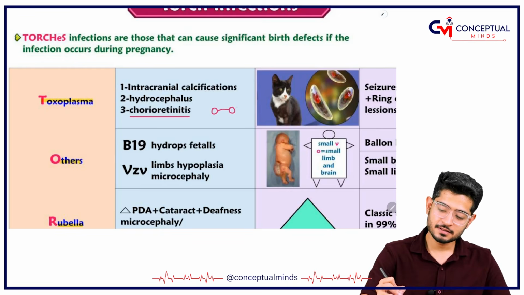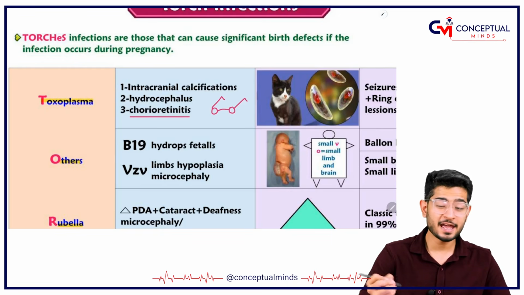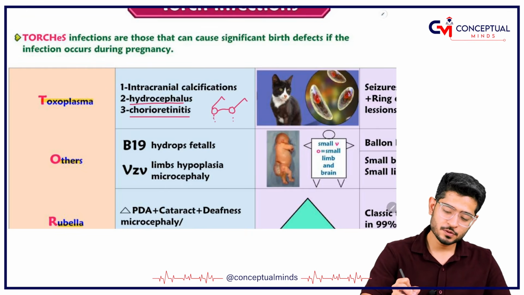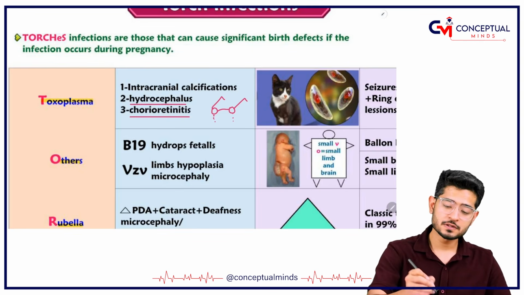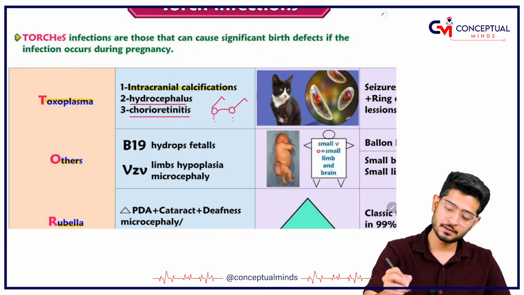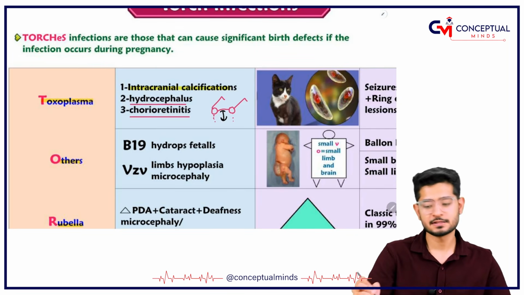Then if I make it like this, it becomes sort of an H. H for hydrocephalus, which is going to be there. And why is there hydrocephalus, why is the head enlarged? Because the child is having intracranial calcification starting from the eye.